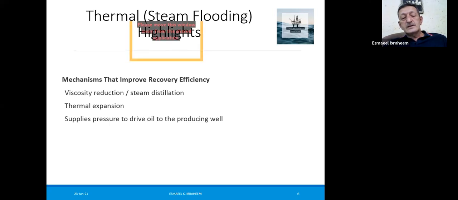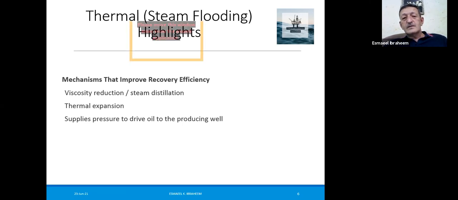When the steam comes in contact with the oil, there will be an expansion of the oil down there, and this will aid in pushing the hydrocarbon to be produced with less viscosity and with more expansion of the quantity of oil. Also supplies pressure to drive oil to the producing well.